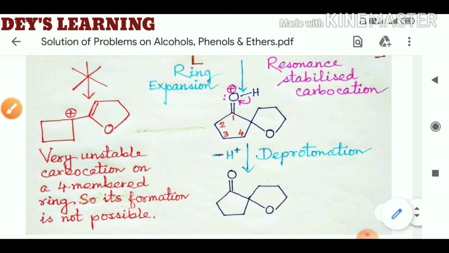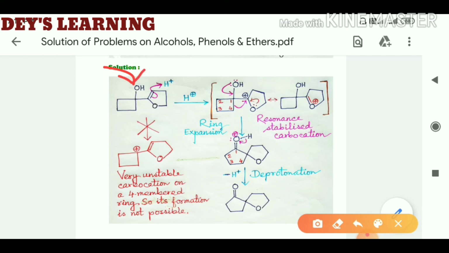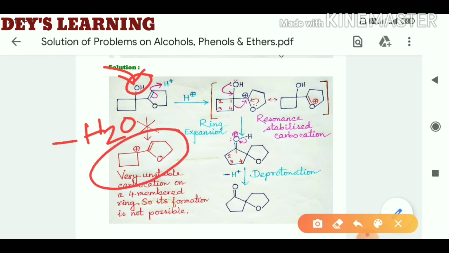Now we can think about this reaction in another way, of course, because the protonation of this oxygen is of course possible, and as a result when this OH group is protonated and after the expulsion of water molecule from here, we would get this carbocation, and this carbocation is very, very unstable.